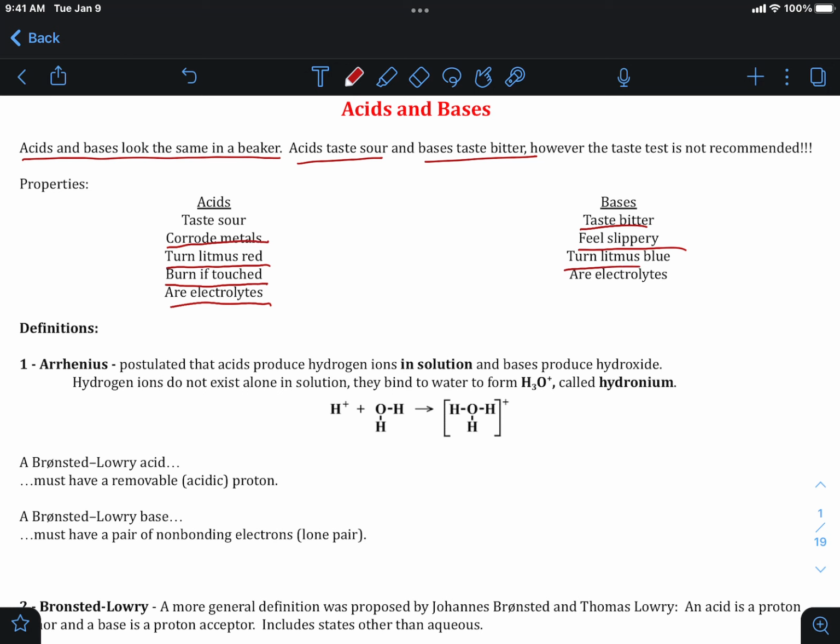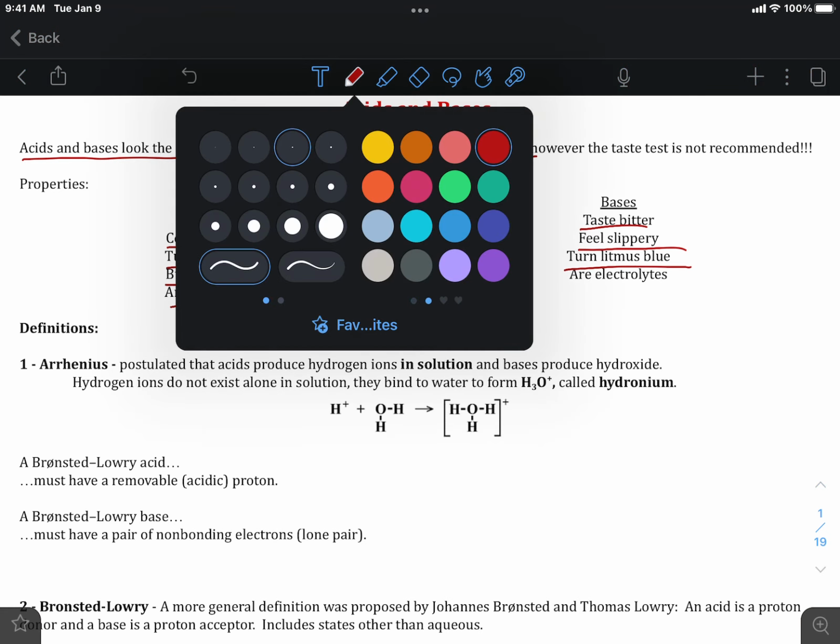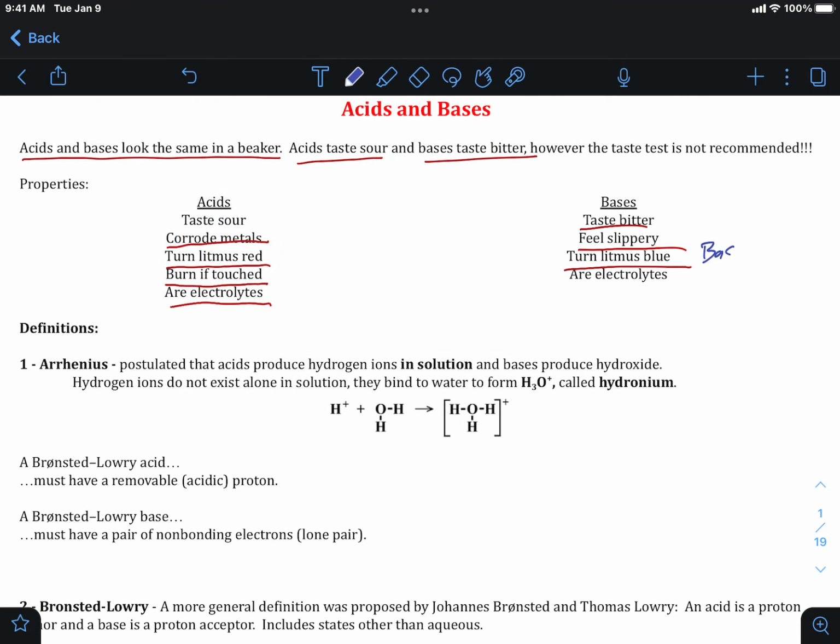They turn litmus blue, right? Blue for bases. Okay, well, if I could spell the word blue. And bases are electrolytes as well.